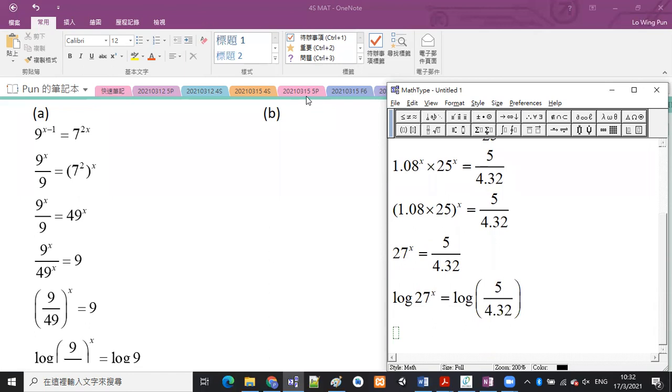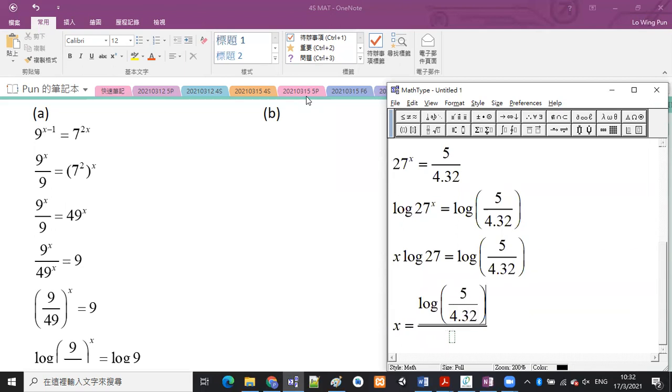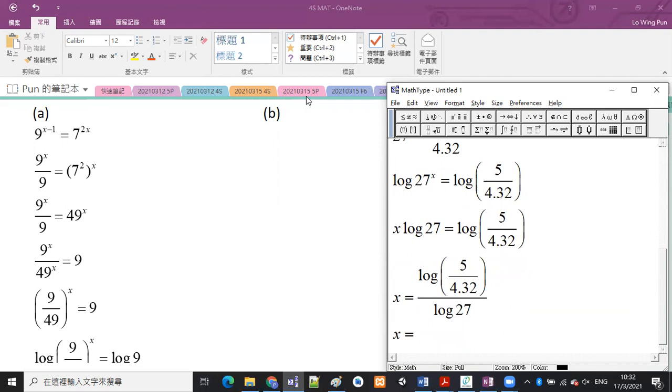Okay. And then x will be brought to the front of the log, multiplying to the log. The right-hand side is no change. Finally, just divide the log 27 to the right and you'll get the answer of x. Okay, 咁慢慢計喺度。先 log 5 除 4.32, by log 27.